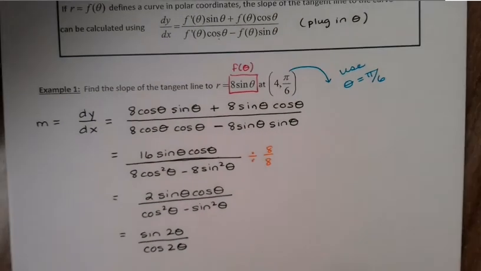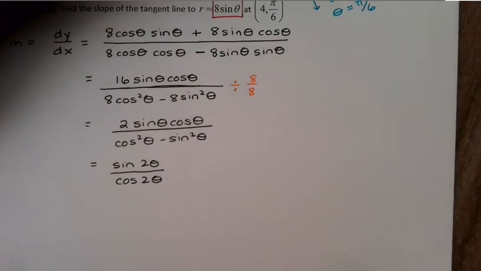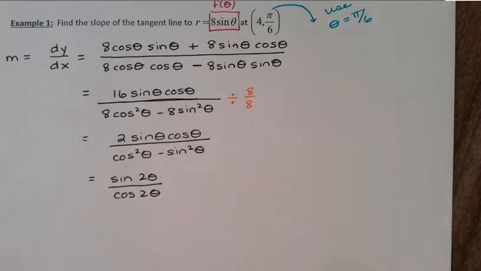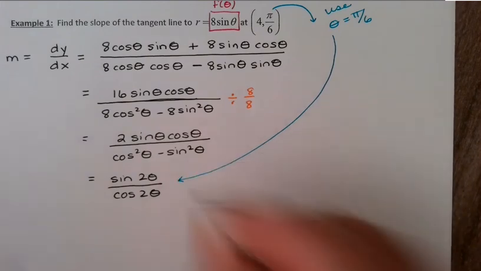Otherwise known as tangent 2 theta, so I really could even simplify it more to write on paper, but since I'm going to look stuff up on my unit circle, I'm going to leave it as sine and cosine because that's what I can look up easily off my unit circle. All right, so we're plugging in this theta equals pi sixths.